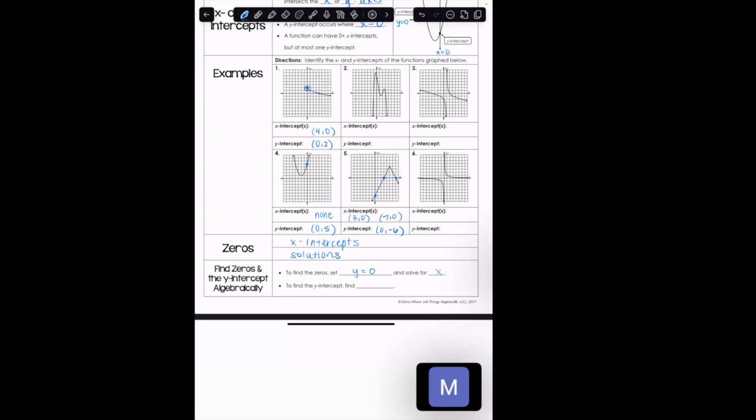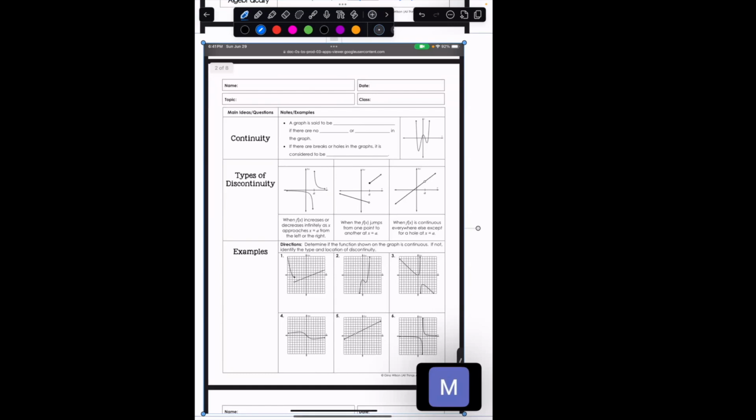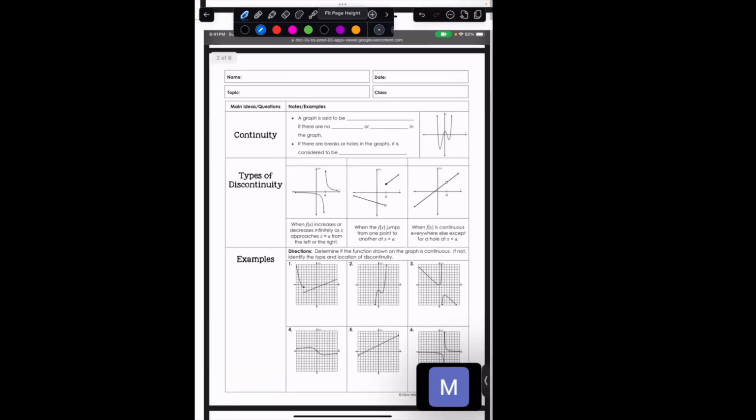And to find the y-intercept, you find where x equals 0. So we're looking for f of 0 equals what in function notation there.